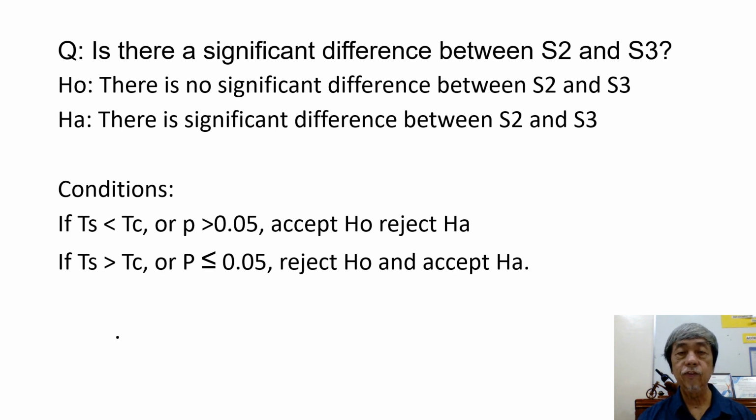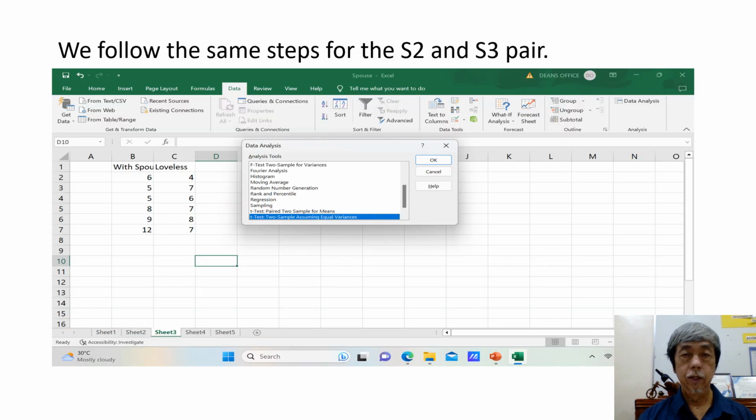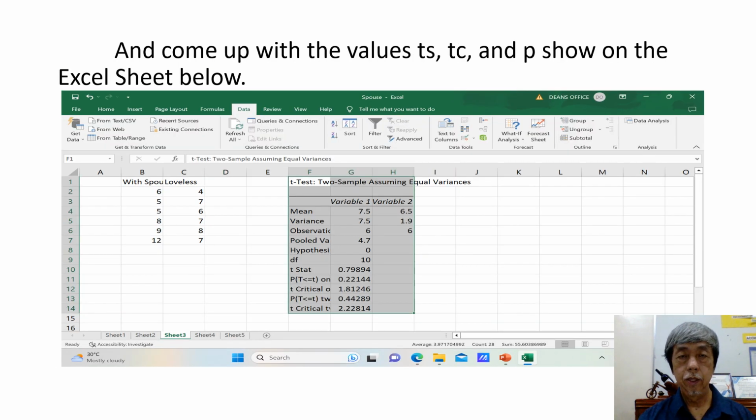Now we test the significance of difference between S2 and S3. We undergo the same process. And the t-test output is shown on the screen.